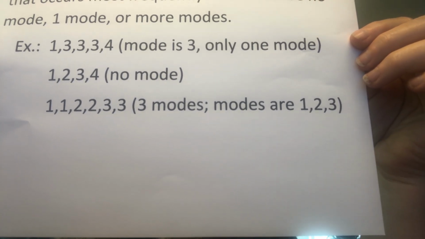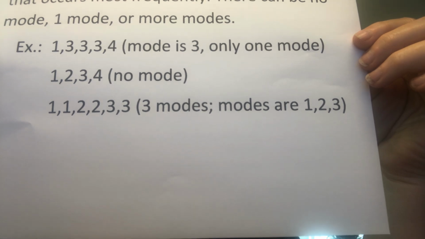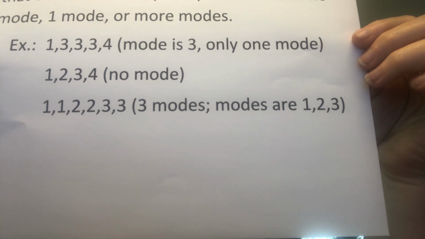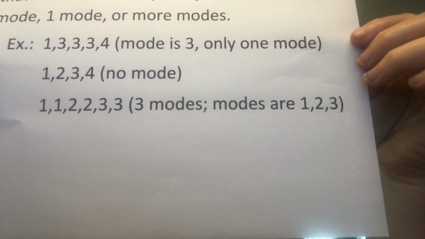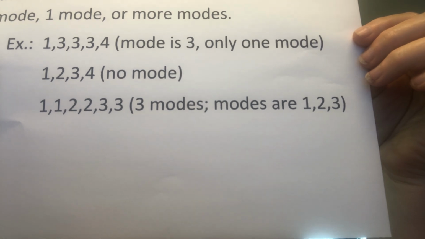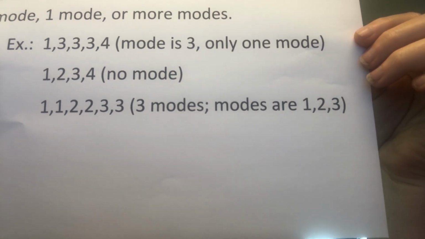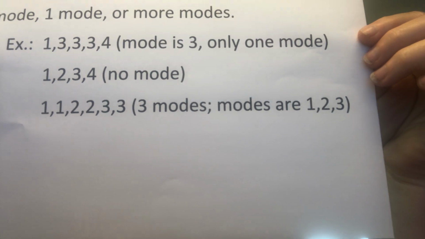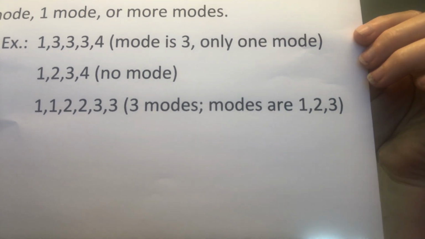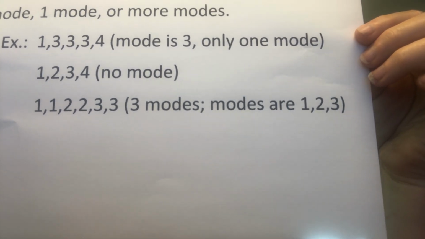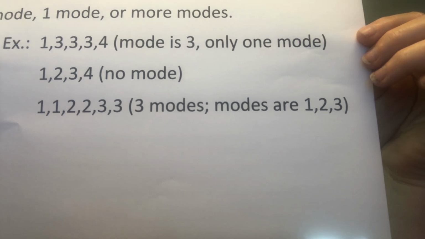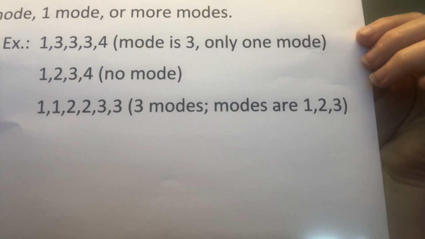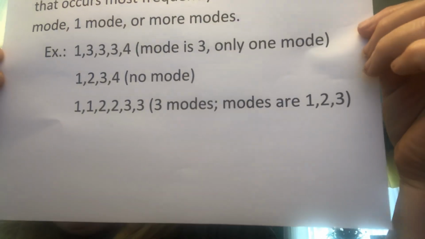We only have one that was an answer of 1, three that were an answer of 3, and only one that answered 4. So in this data set, since 3 occurs the most frequently, 3 is the mode. And there's only one mode for this first data set.